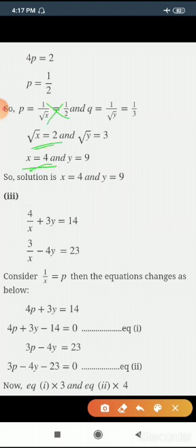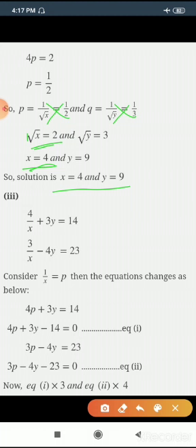By squaring on both sides, we will get the value of x as 4. And q is equal to 1 by root y, that is equal to 1 by 3. So root y is equal to 3, then y is equal to 9. So the solution is x is equal to 4 and y is equal to 9.